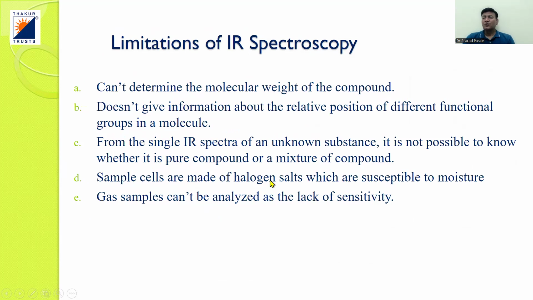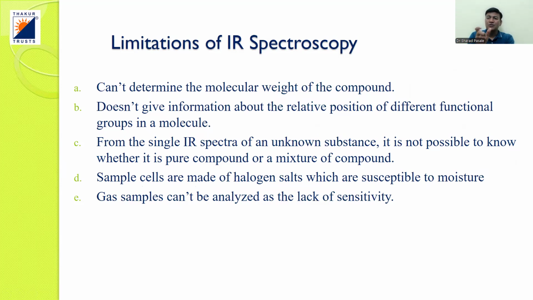Okay, these are a few limitations of IR, because using IR we cannot calculate the molecular weight of a compound. Actually that is not its application, but these are a few limitations you can see. And rather than limitations, there are very good applications of IR spectroscopy, right? The sample cells are made of halogen salts. Actually, this is old information, but nowadays we can keep the sample directly on the sample holder.